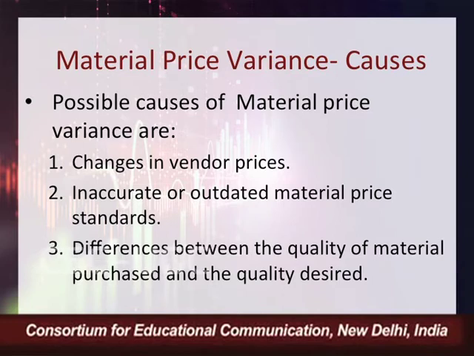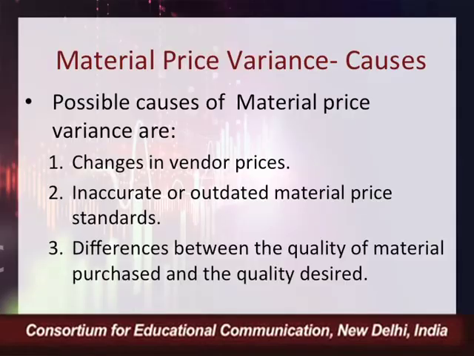There might be a possibility that your vendor has increased or changed the price. When the standard was set, the price was something else, and later when you went to purchase it from the market for producing, the price was found to be different. So this can be one of the reasons for price variance, that your vendor has actually changed the price.